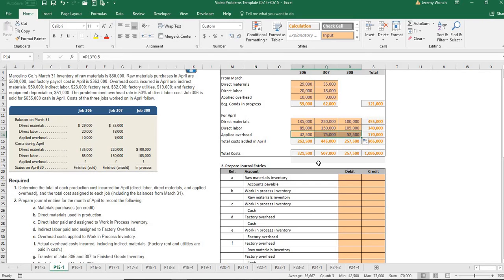So how this is going to work is we're going to have this account called factory overhead. And think of factory overhead as a bucket. And so as we go along and we're buying these nuts and bolts, so we go to the store, we buy nuts and bolts, we spend $10,000. That $10,000 is going to go into our factory overhead account.